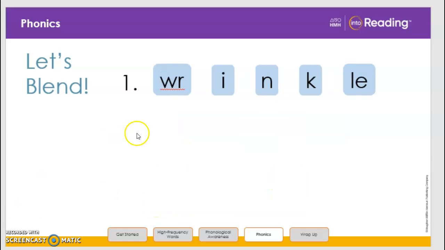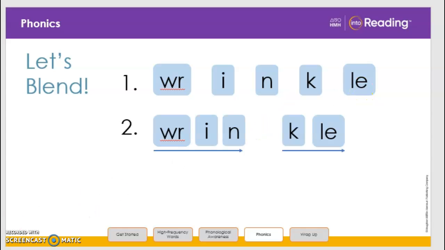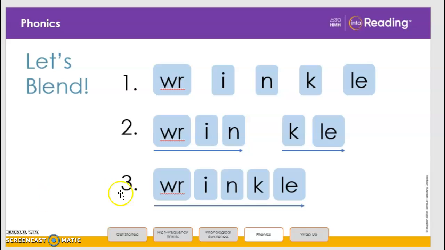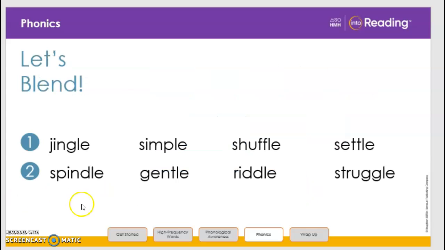Let's look at one more. W-R-I-N-K-L-E. Wrinkle. R-ing-kle. Wrinkle. Wrinkle. Good job.